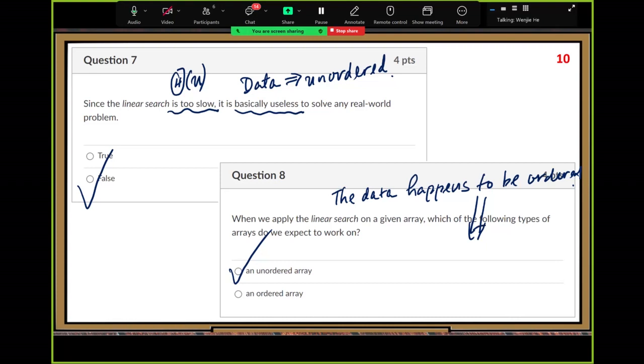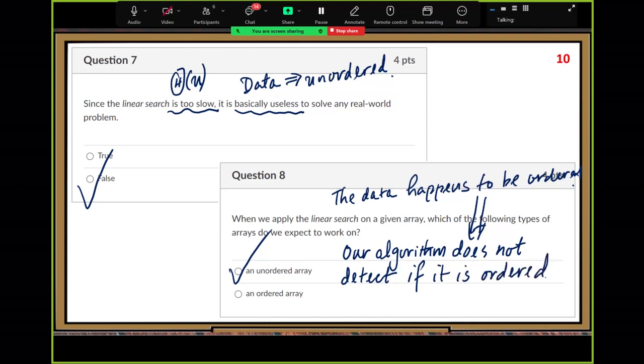well, because we don't know, right? We do not know it is ordered. Our algorithm does not know it is ordered. Our linear search algorithm does not detect if it is ordered. In our linear search implementation, in general, we do not do the detection.